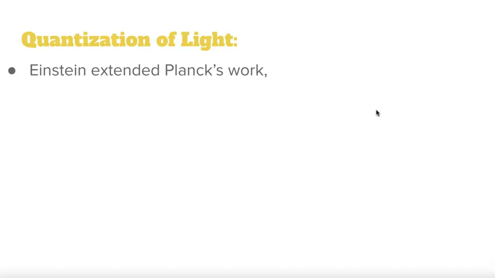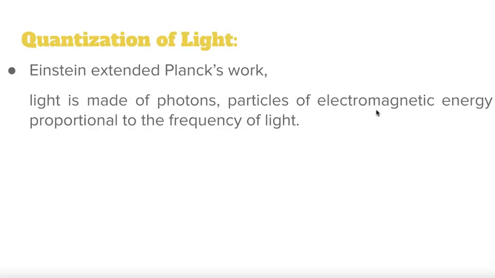A couple of years later, Albert Einstein decided that he could extend Planck's work in relation to light, based on what he was seeing in the lab.